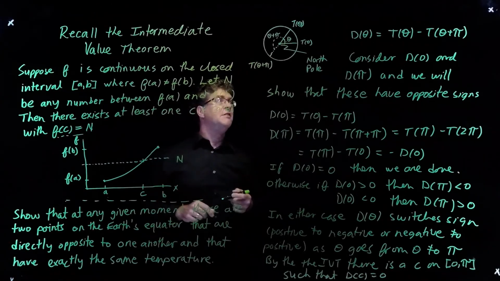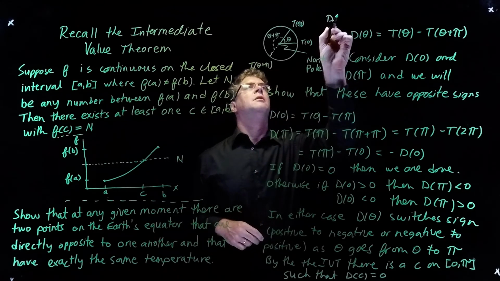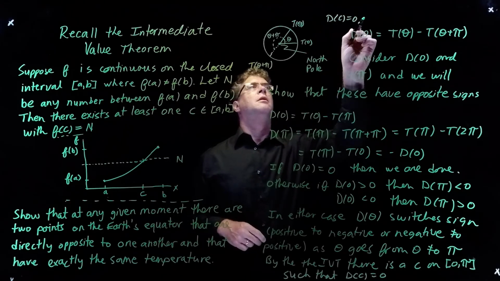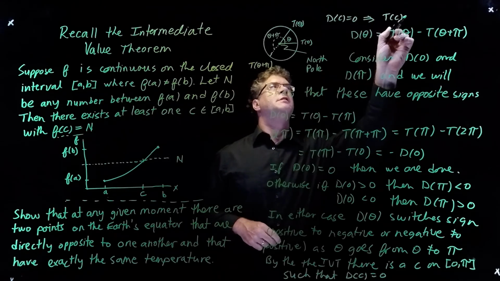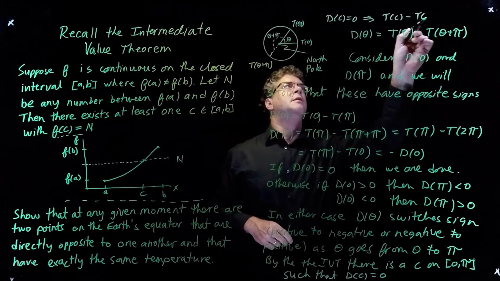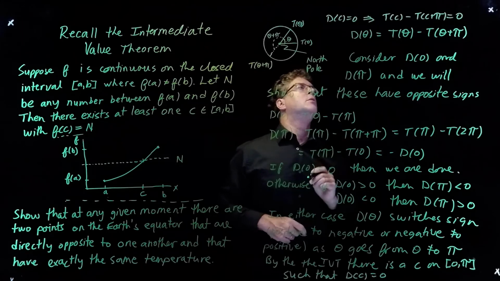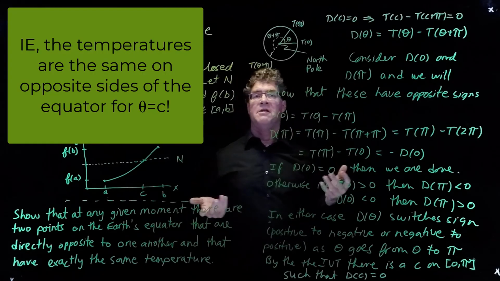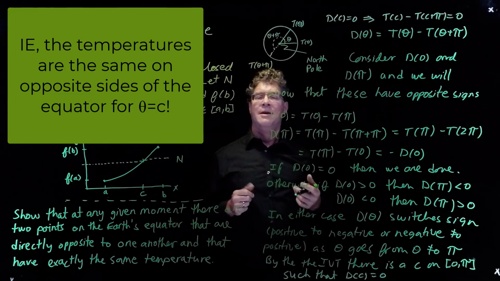And so if d of c is equal to 0, then we have T of c minus T of c plus pi is equal to 0. And so T of c will equal T of c plus pi. Pretty cool, eh?